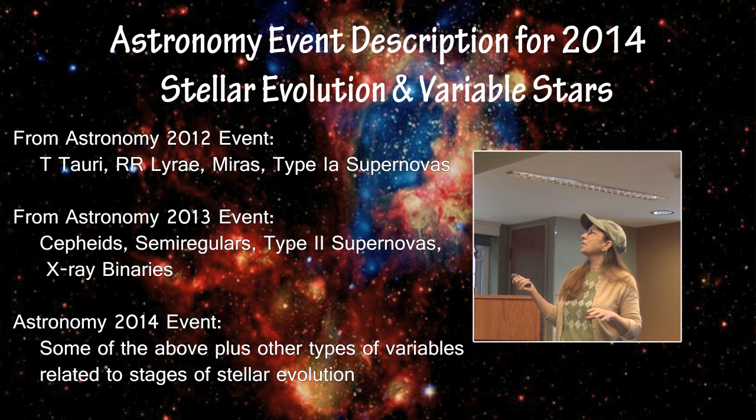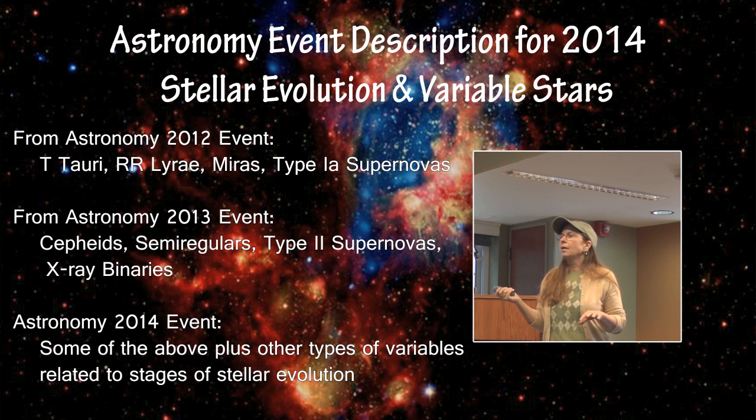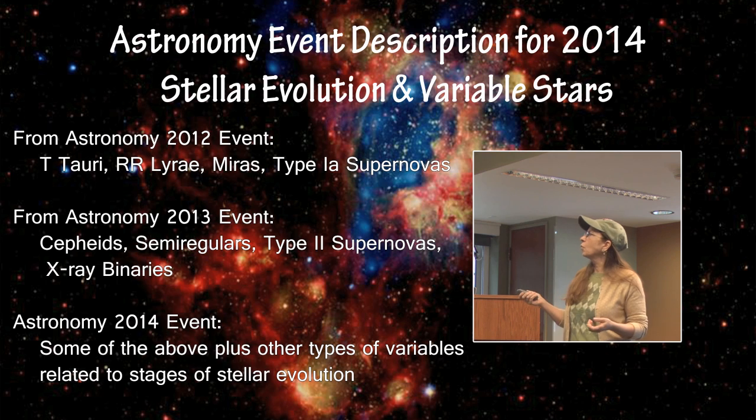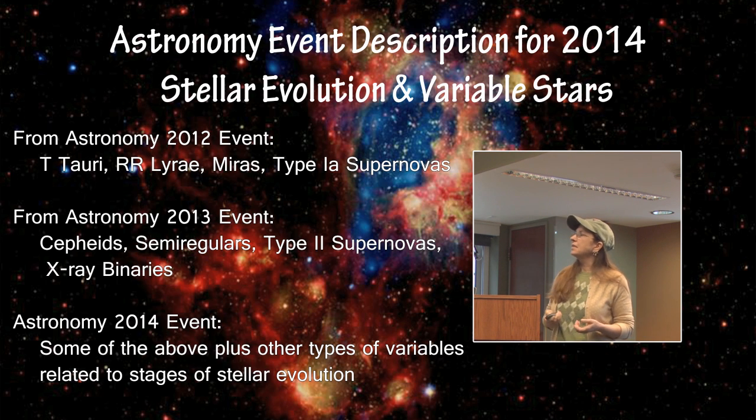So there were 4 different types of variable stars, stages that stars can go through as they end up as either a Type 1a supernova or a planetary nebula and a white dwarf. This year we have the Cepheid variables, the semi-regulars, the X-ray binaries, and the Type 2 supernova event itself. Those are the variable stars.